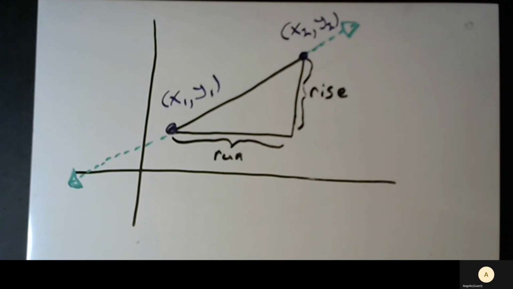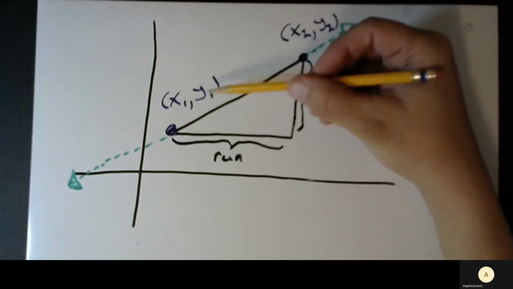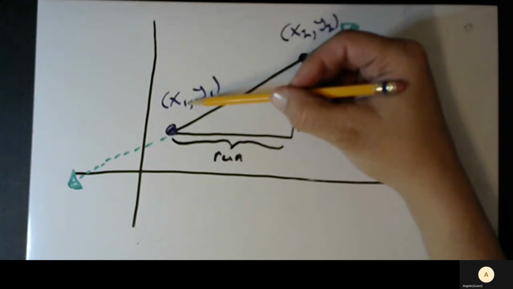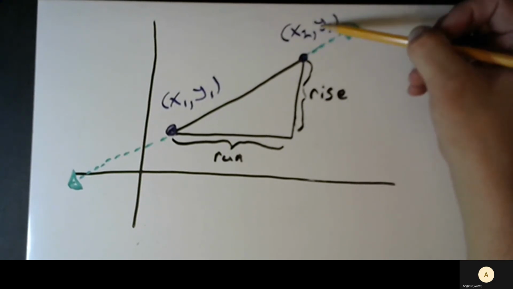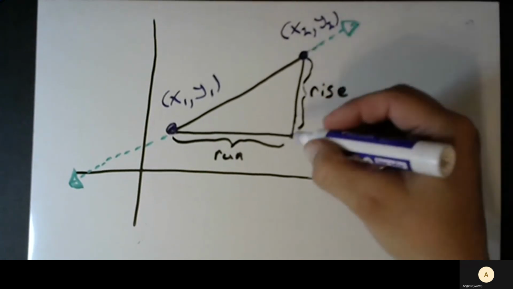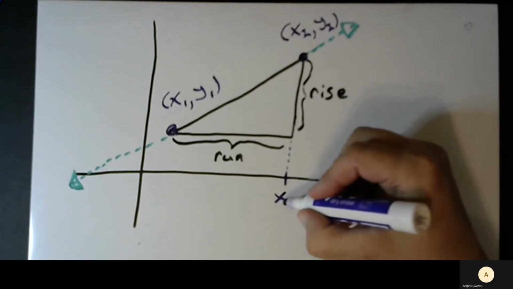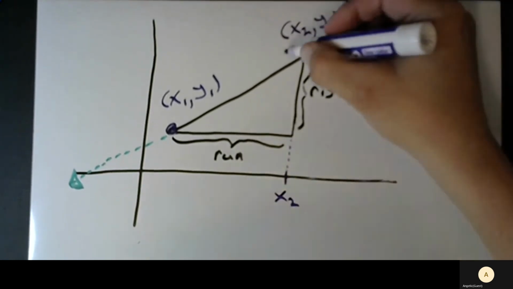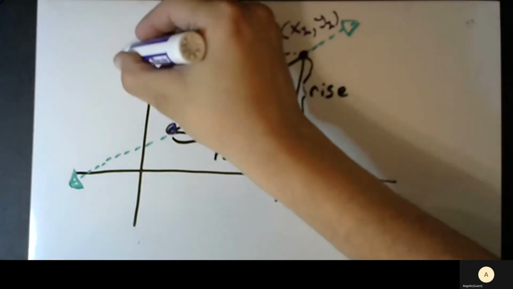And what they stand for is, this is the y coordinate of the first point. This is the x coordinate of the first point. X coordinate second point. Y coordinate second point. So x2, y2, that means the x component is here, and the y component is over here.